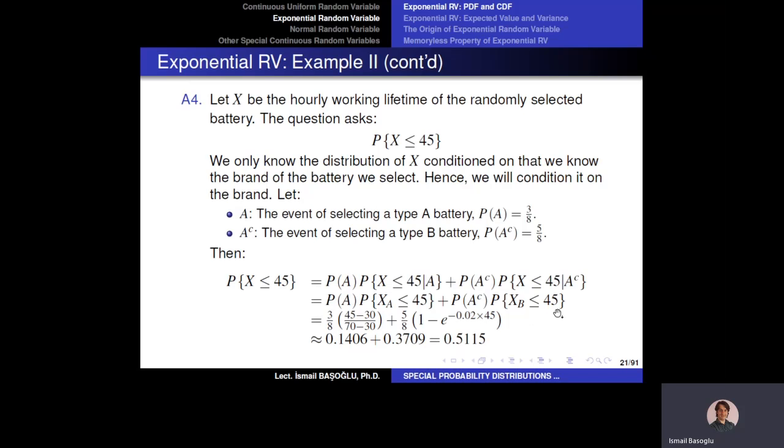And for an exponential random variable, the cumulative distribution function is 1 minus e to the power minus lambda times x. So if we compute both probabilities, multiply with the respective probabilities and sum up, you are going to get the result of 0.5115.